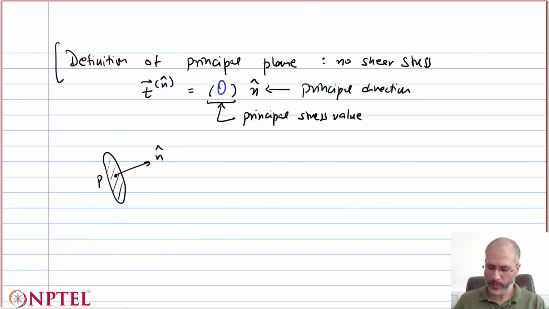So for discussion today, we will call this principal stress value sigma 3, which is equal to 0 here, and the principal direction corresponding to it becomes n hat with a superscript bracket 3. Remember, we designated the principal stress values as sigma 1, sigma 2, and sigma 3.